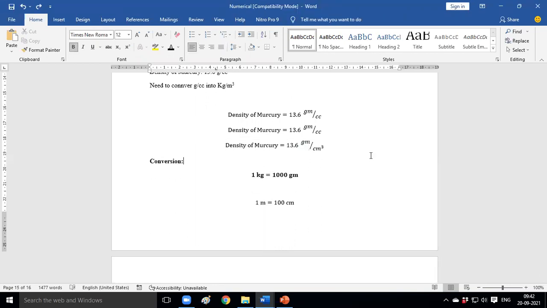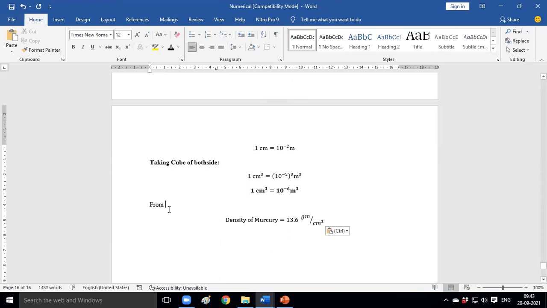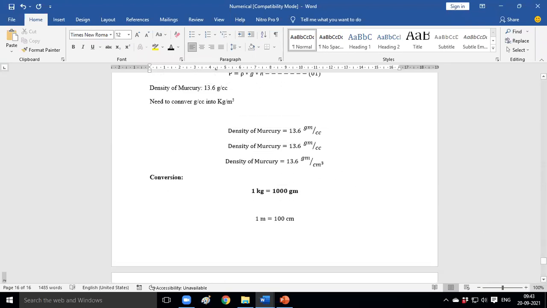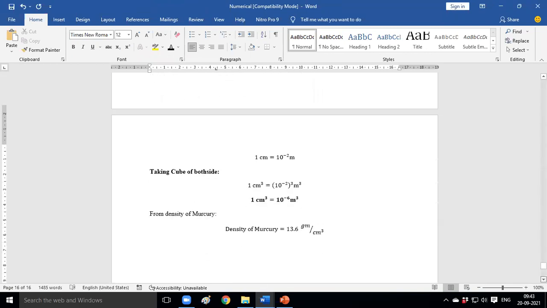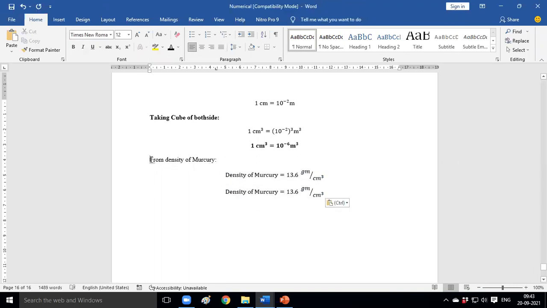We need to put in the conversions. Just replace the terms, so we get the conversion into kg per meter cube.